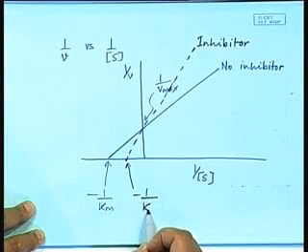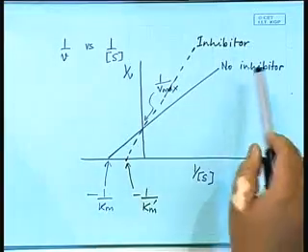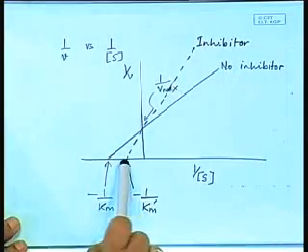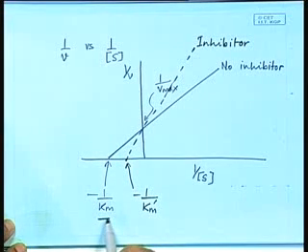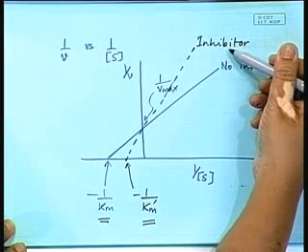Minus 1 by Km prime. Fine. So I have no inhibitor in one case. In the next case, so what can I now determine? I can determine my Km values for the uninhibited enzyme, the Km prime value for the presence of the inhibitor.